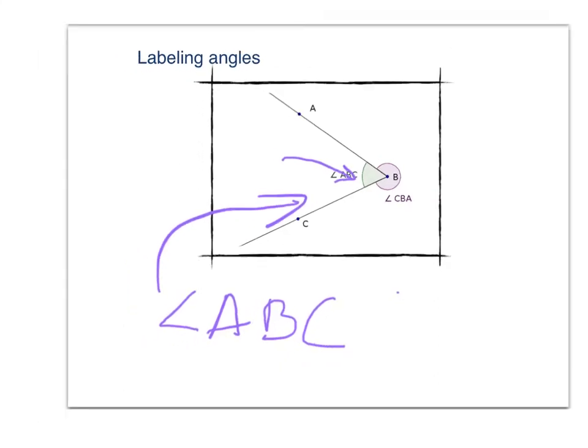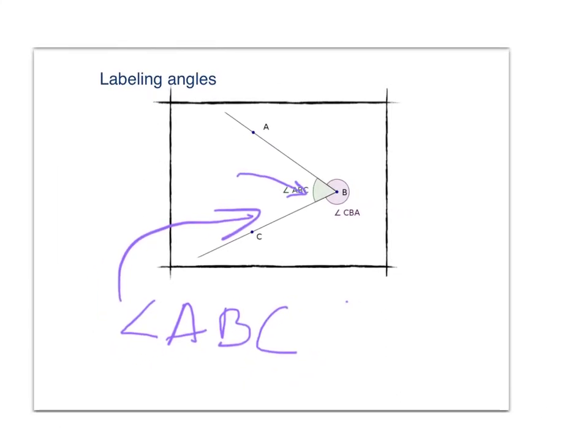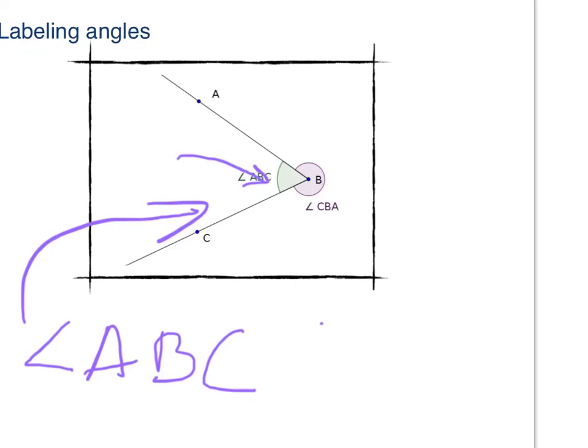Let me zoom out a little bit, move this over. The angle right here is angle, make sure it's not looking like a greater than sign, CBA. So angles will have a 3-letter designation.